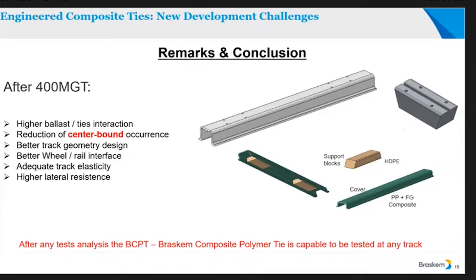And we have a much better lateral resistance, because the blocks here, you fill the ballast inside the tie, and we have a very, very good lateral resistance. It's a little bit comparable with concrete tie. After any test analysis, the Braskem composite tie is capable of being tested in any track.